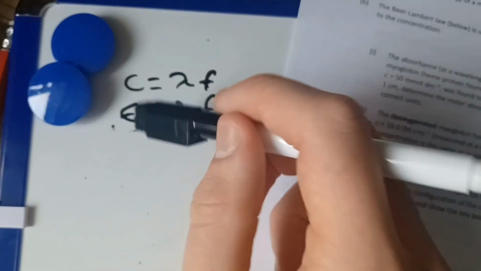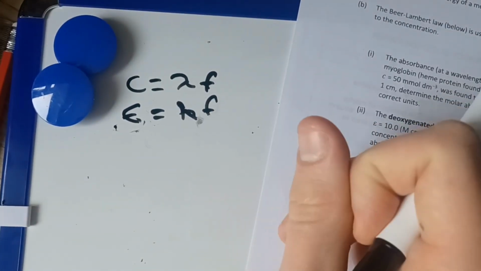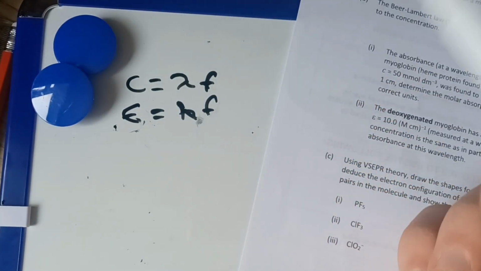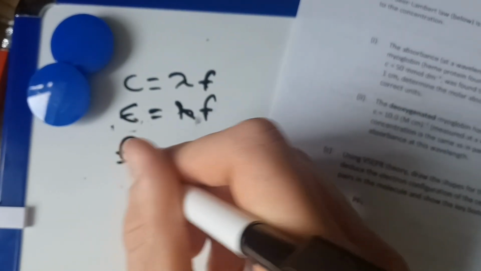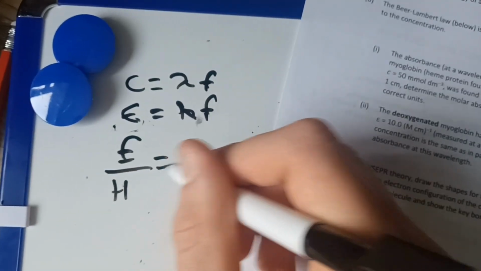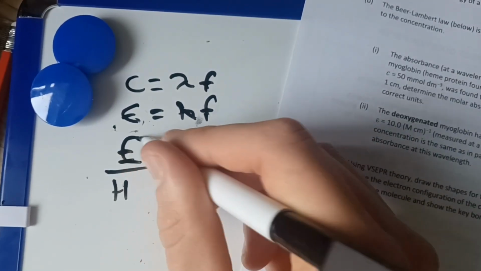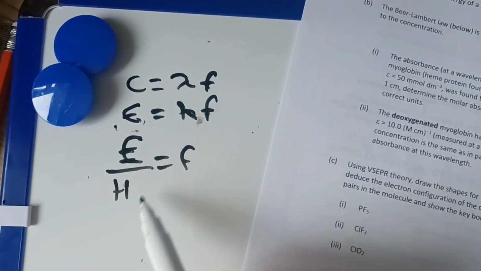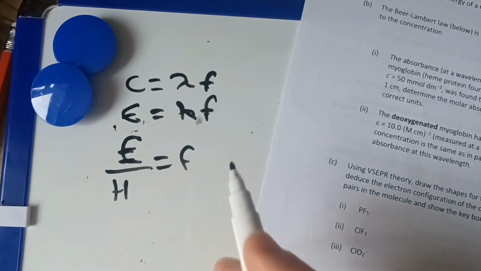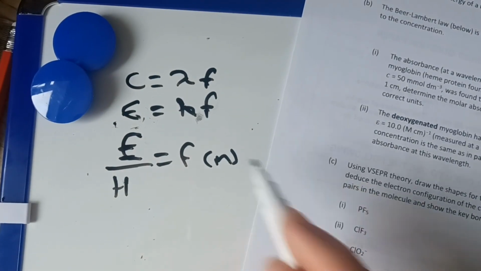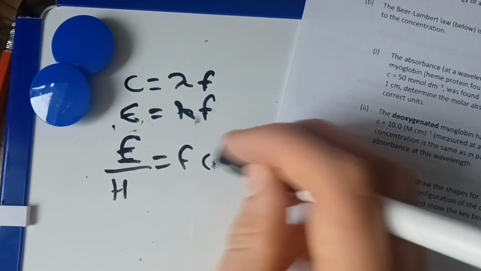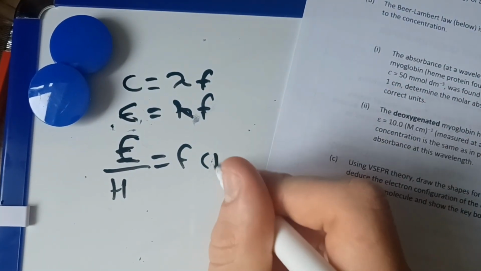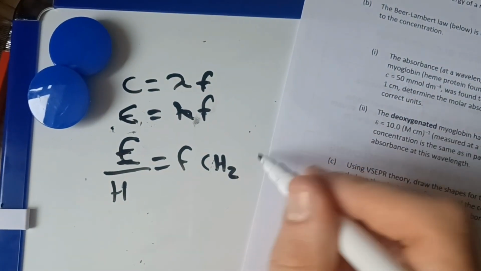But if you've been given energy, you automatically know your Planck's constant because it's given on the data sheet. All you need to do is manipulate the equation to find energy over Planck's. That gives you your frequency, not in meters, sorry, in hertz.